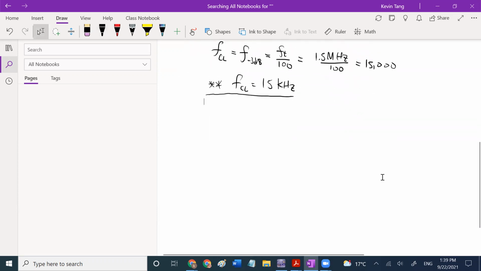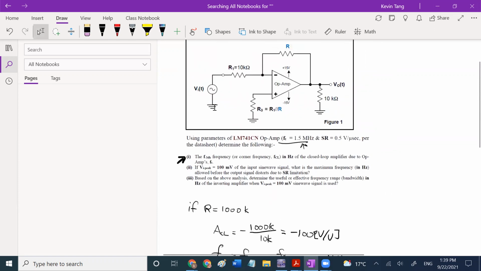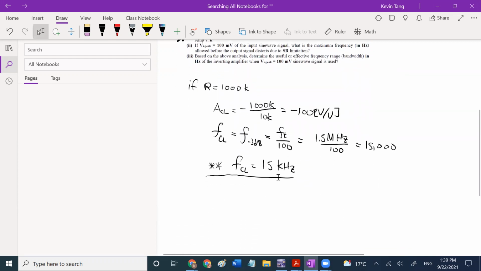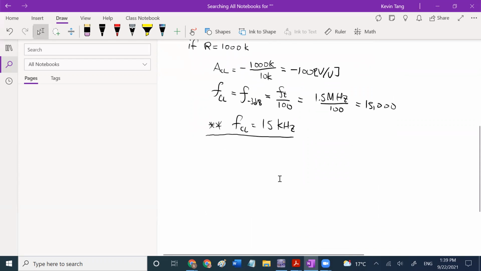The next thing we have is part 2. As you can see, VI is given as the input voltage of 100 millivolt peak, sine wave. What is FM? We need to find FM due to the slew rate.